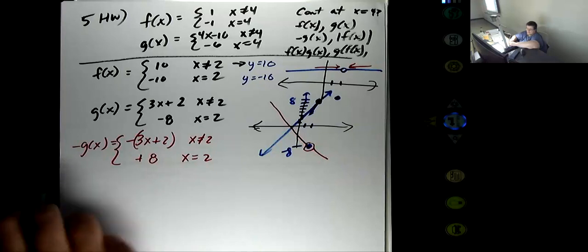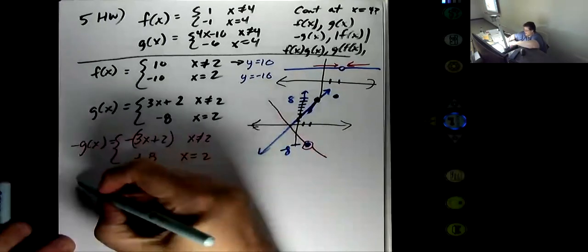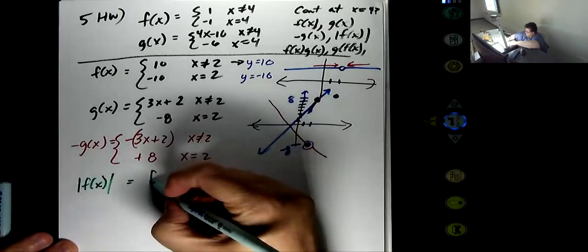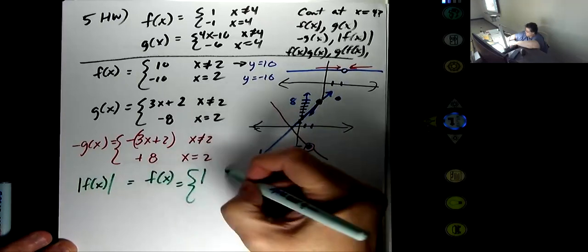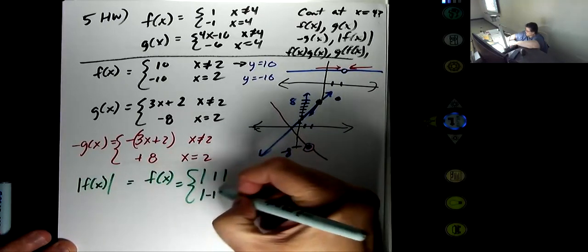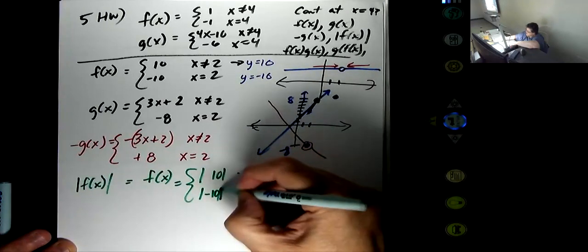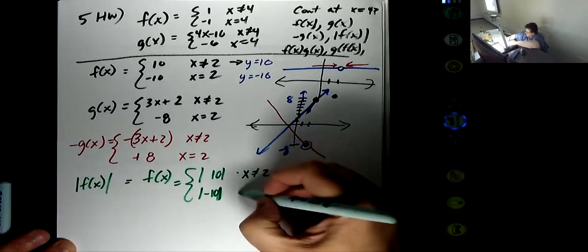Is the absolute value of f of x continuous? The absolute value of f of x is the absolute value of each little part, of 10 and negative 10, sorry. This is when x does not equal 2, and this is when x equals 2.